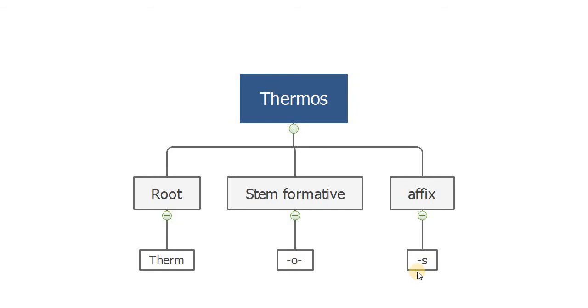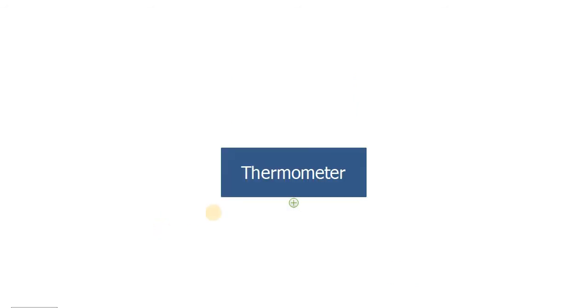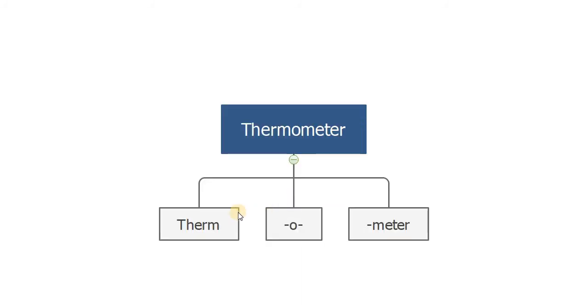Now, there are not many stem formatives in English, save for some stem formatives that can be seen in words which are derived from Greek. So, in the words which are derived from Greek, we still retain stem formatives. An example would be thermometer, an instrument used for measuring heat and temperature. Thermometer has got the root word, which is therm, then you have the stem formative o, and then you have the affix, which is meter.